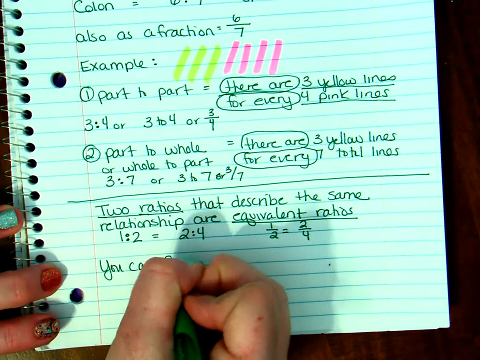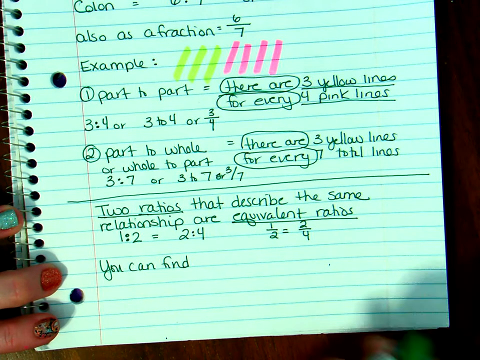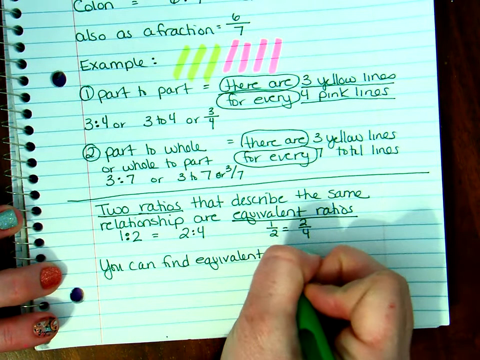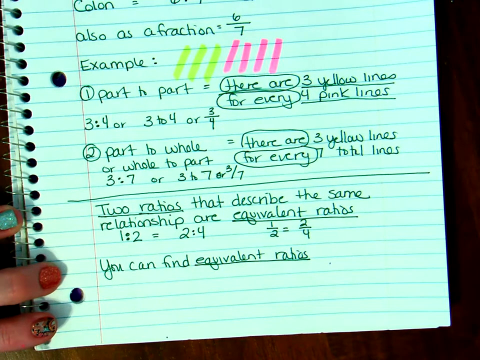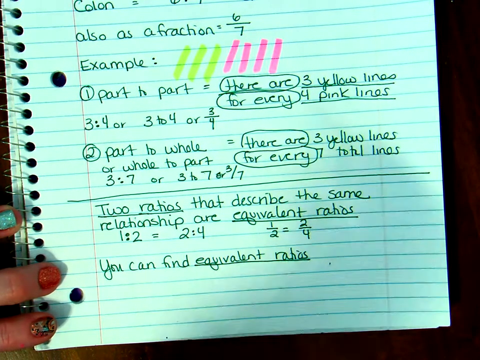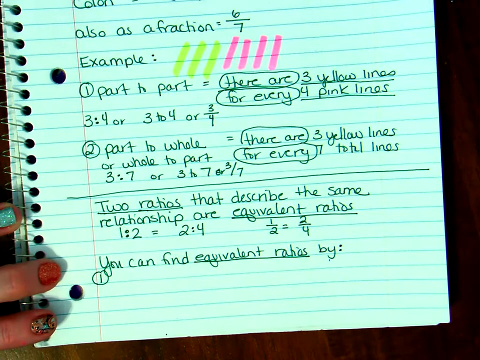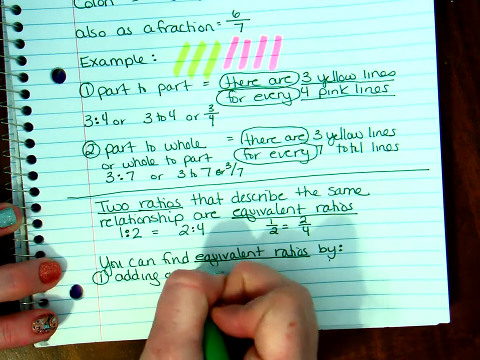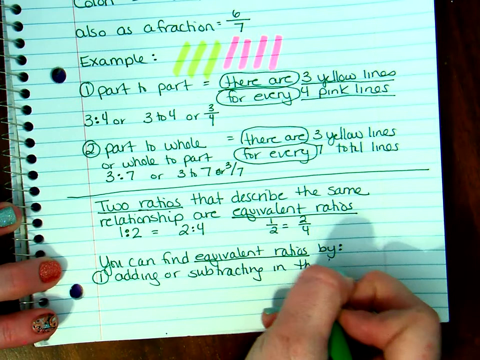You can find equivalent ratios by doing a couple different things. One, you can use adding or subtracting in the equivalent ratios.